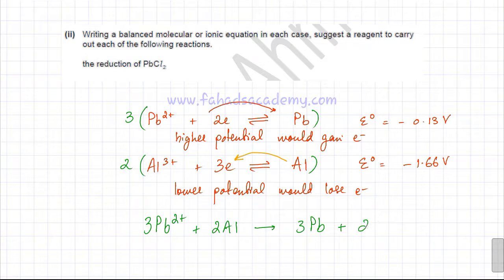So I've collected all my products and reactants and written this overall equation, where lead ions gain electrons to form lead, whereas aluminium is oxidized to form aluminium ions.